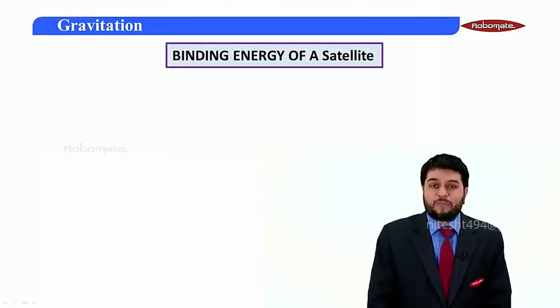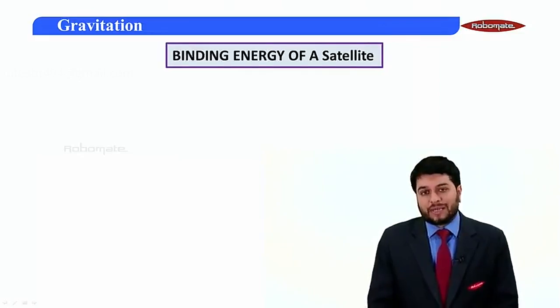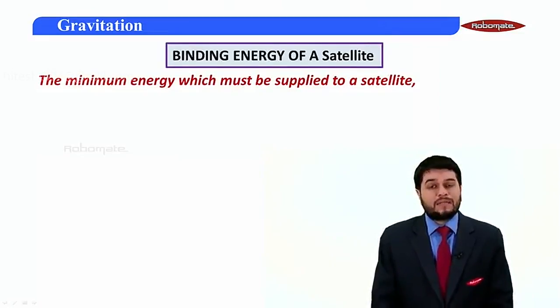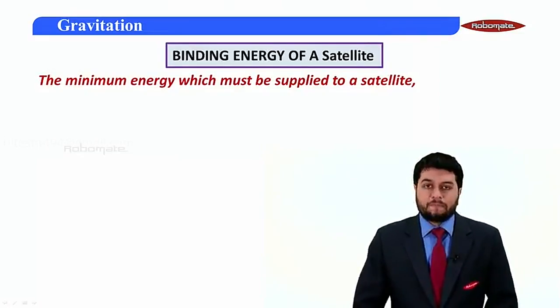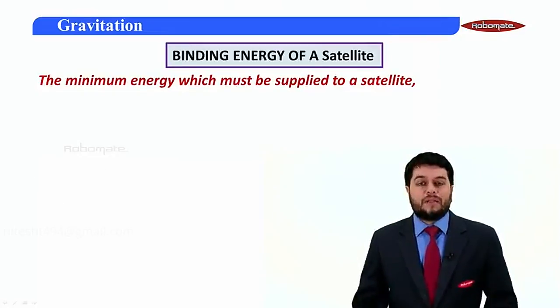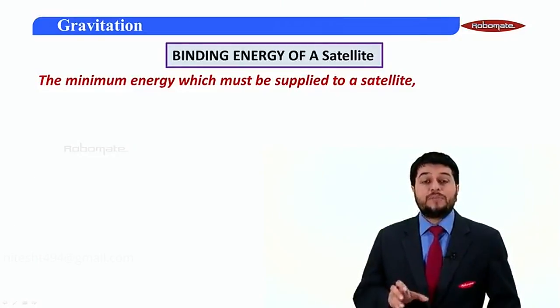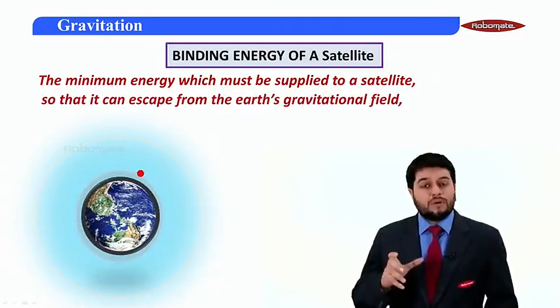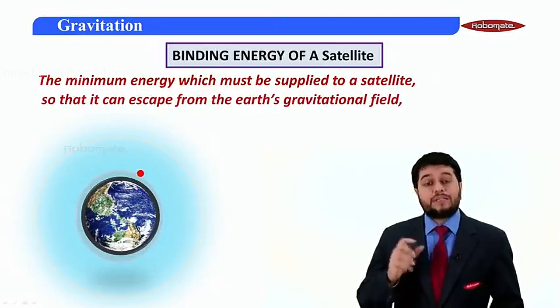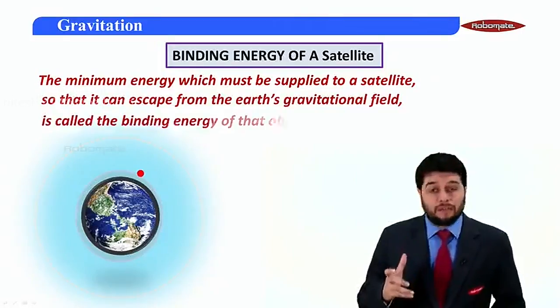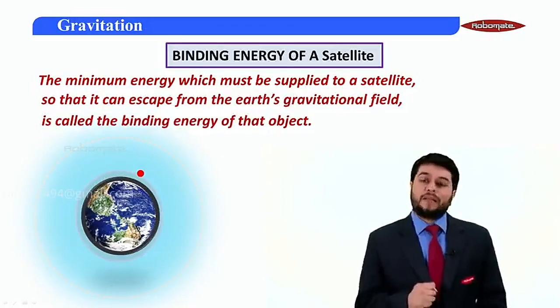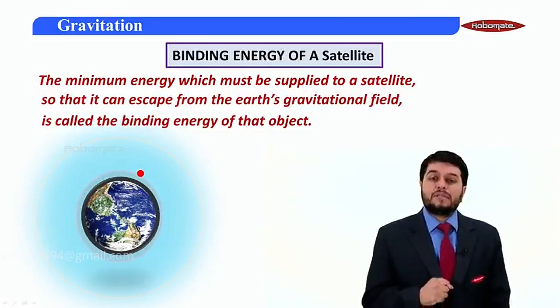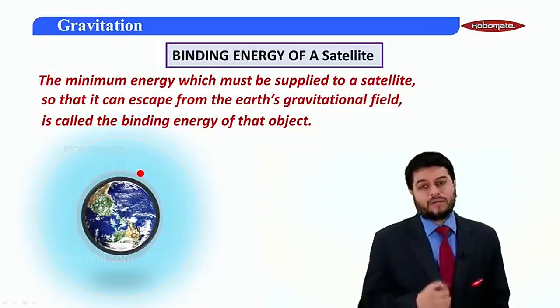Now we come to the next part, that is binding energy of the satellite. Let's understand the definition of binding energy. The minimum energy which must be supplied to a satellite so that it can escape from the gravitational field is called the binding energy of the satellite or of the object.